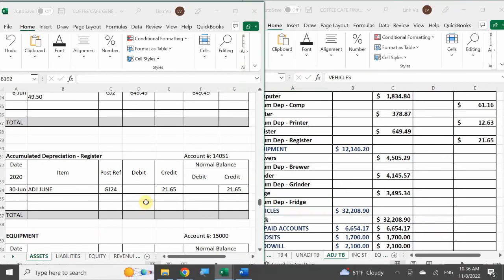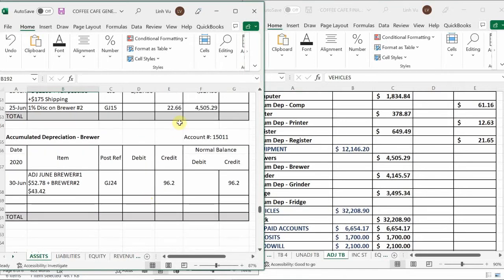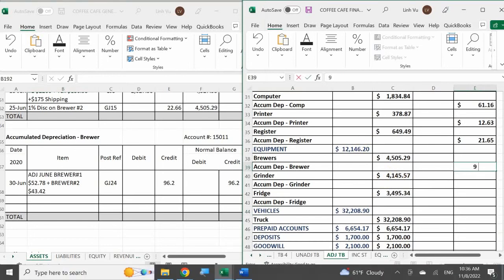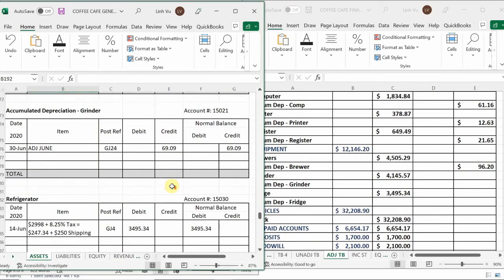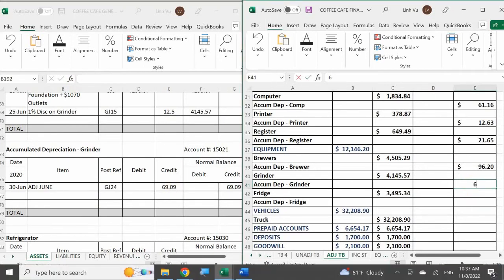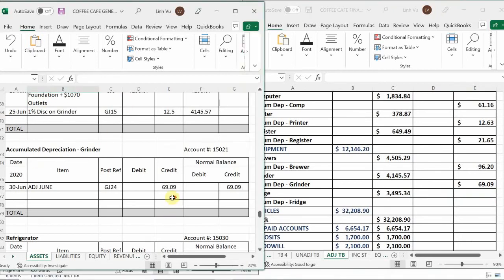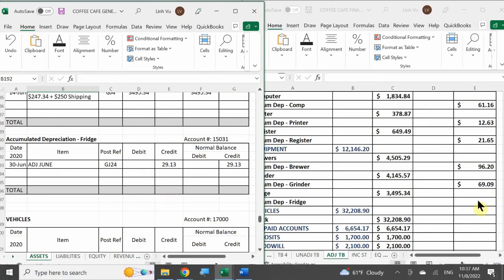So let's see. For my brewers, it was $96.20. Okay. For my grinder, it was $69.09. And then for my refrigerator, it was $29.13.